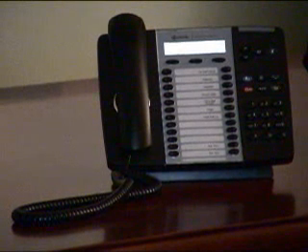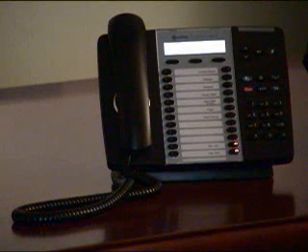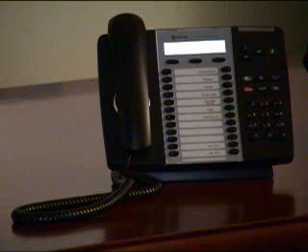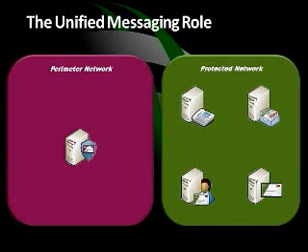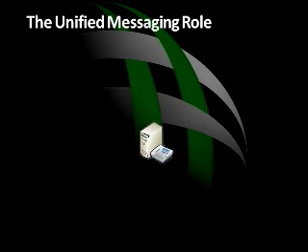Automated attendants give your Exchange server the ability to answer, process, and route incoming calls based on your company's needs using speech recognition technologies. The unified messaging role is brand new to Exchange 2007 and handles all of the integration with your phone system required by Exchange. It provides the following features.